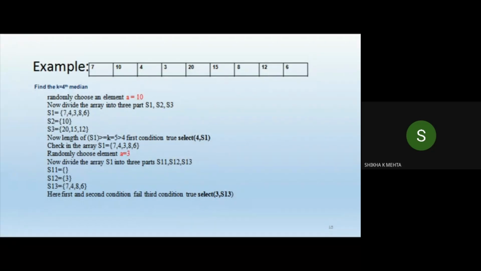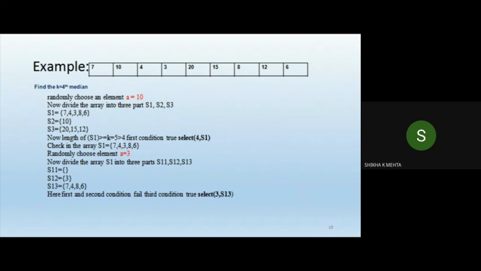Then the second subsequence S2 is equal to the random element A, that is 10. The third subsequence has all the elements greater than 10: 20, 15, 12. Here you can see the sizes of all the subsequences are different. We are focusing on the values of the array which are greater than or less than the randomly generated value.